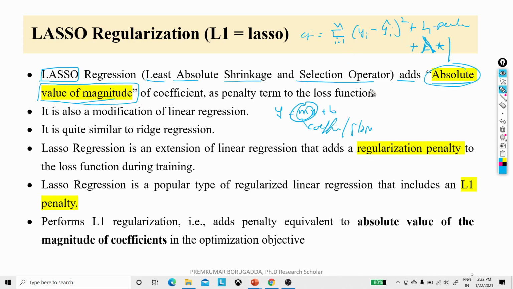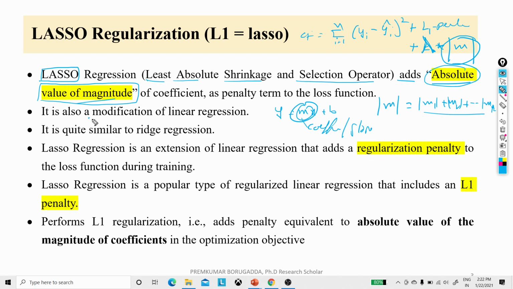The absolute value of magnitude is the m value, that is, the absolute values of m1 plus m2 up to mk, the number of coefficients.